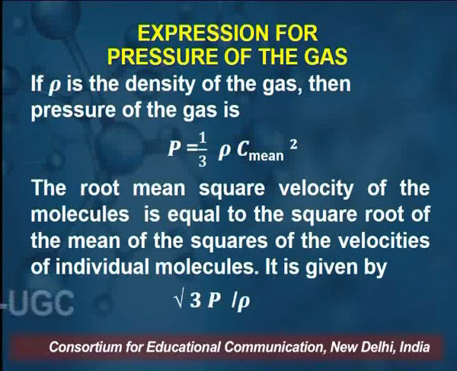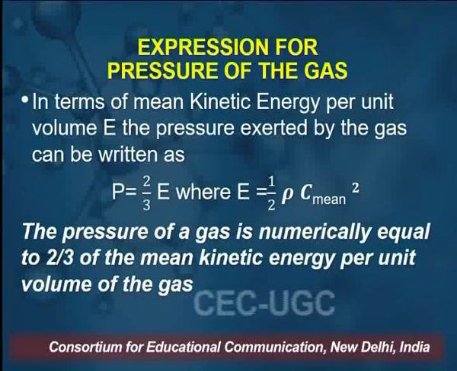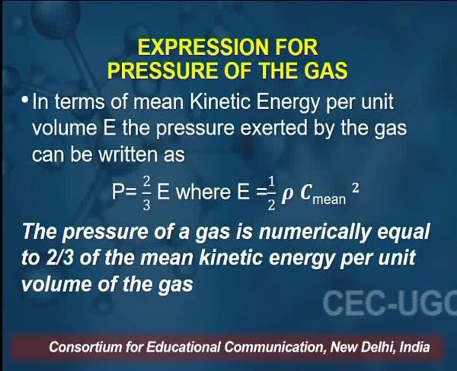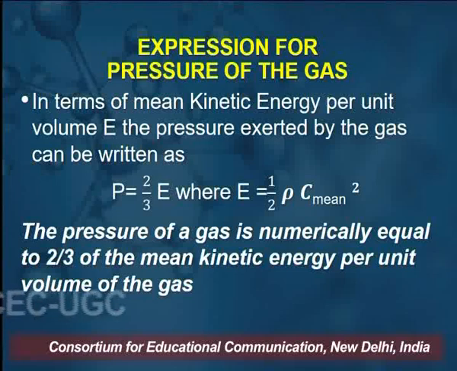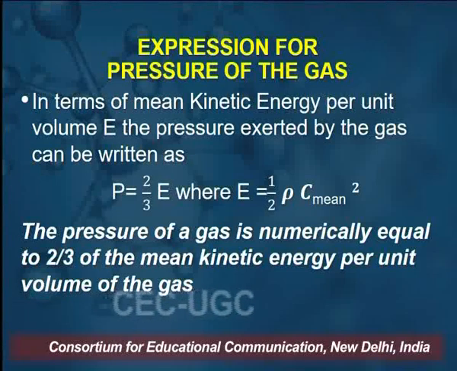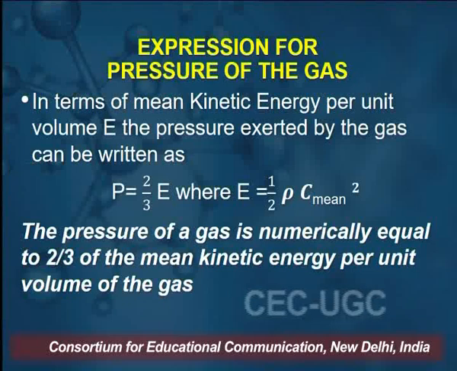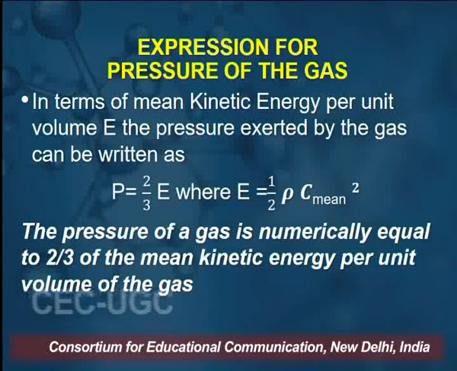It is given by root of 3P by rho. In terms of the mean kinetic energy per unit volume E, the pressure exerted by the gas can be written as P is equal to 2 by 3 E, where E is equal to half into rho into c mean square.